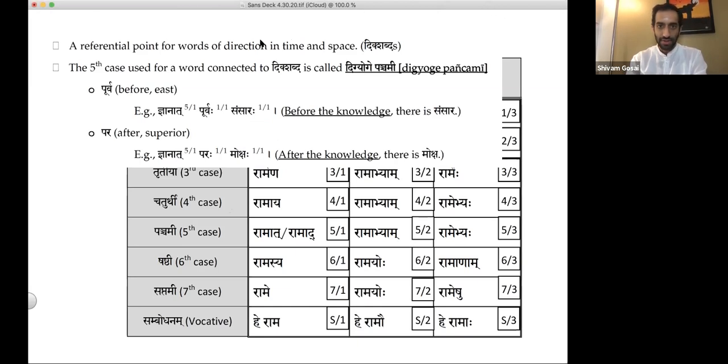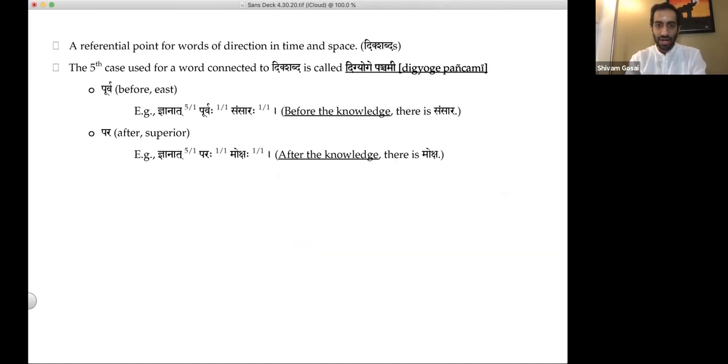So let me do this. Okay, so just a reminder of what we did last time, because I know we went a little bit fast. For the fifth case, this is page 174, so we'll stay around 174, 175 for this class.